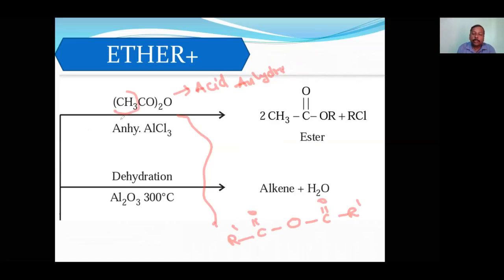So here the alkyl group is a methyl group. Now when it is treated with ROR', then again it will be an ester, and this chlorine will be utilized here. Understood? Then dehydration, just now we have studied. Here an alkene will be formed, a water molecule will be left over, and this oxygen will be the ethereal oxygen. Okay.